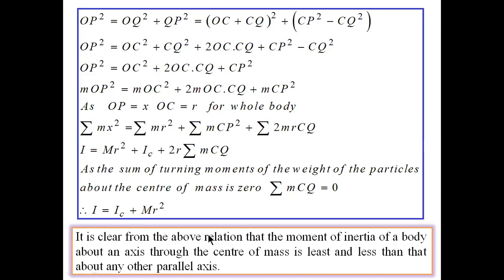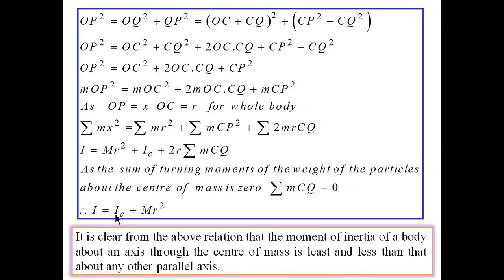Now it is clear from the above relation that the moment of inertia of a body about an axis through the center of mass is less than that about any other parallel axis.